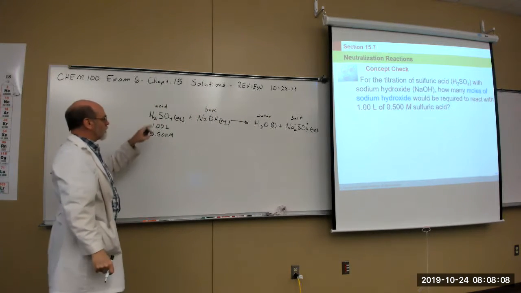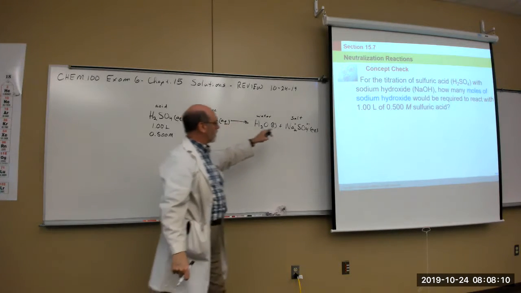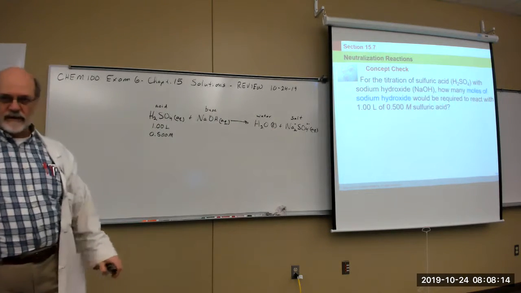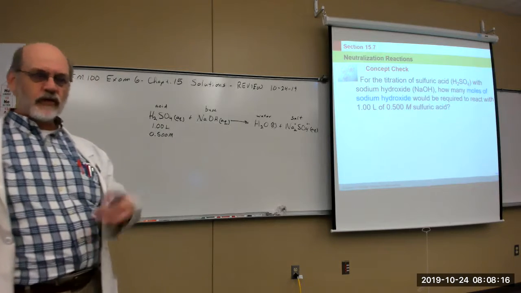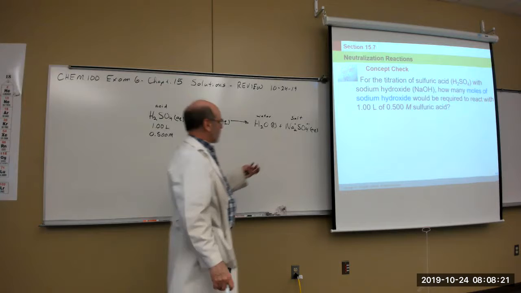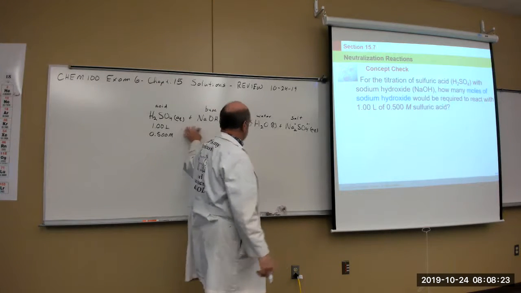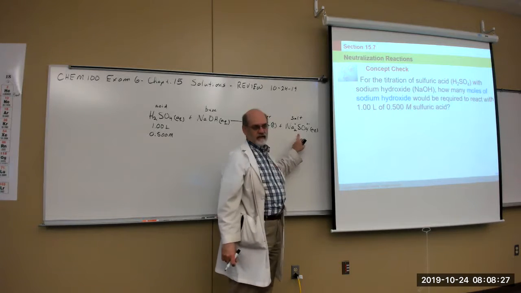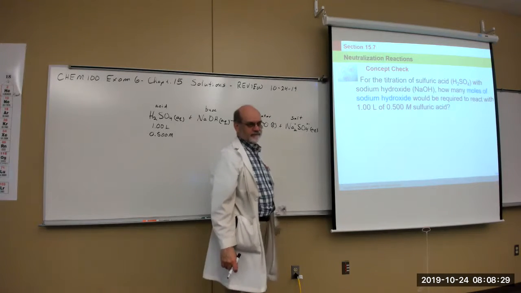Anytime you react an acid and a base, you get water and a salt. We normally think of salt as sodium chloride, table salt. But chemically speaking, anything as a result of an acid-base neutralization reaction produces water, and the leftover is salt, a salt.